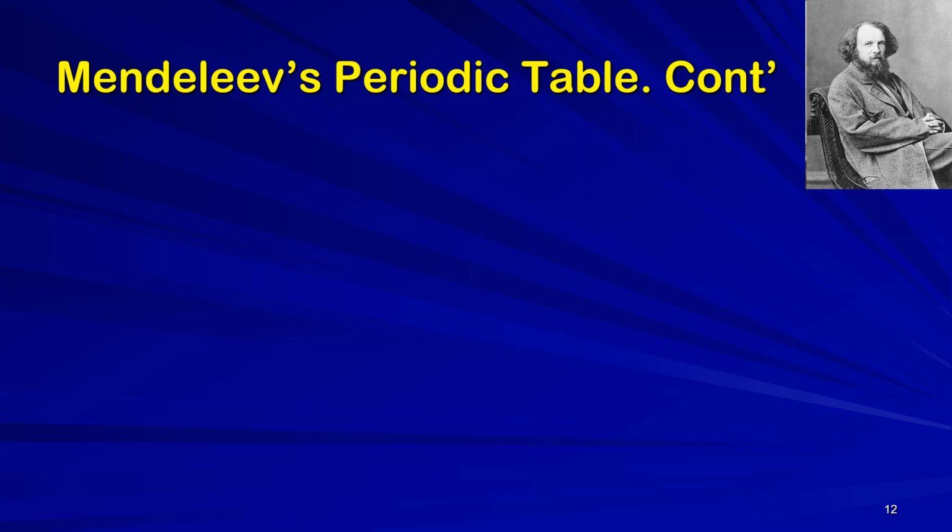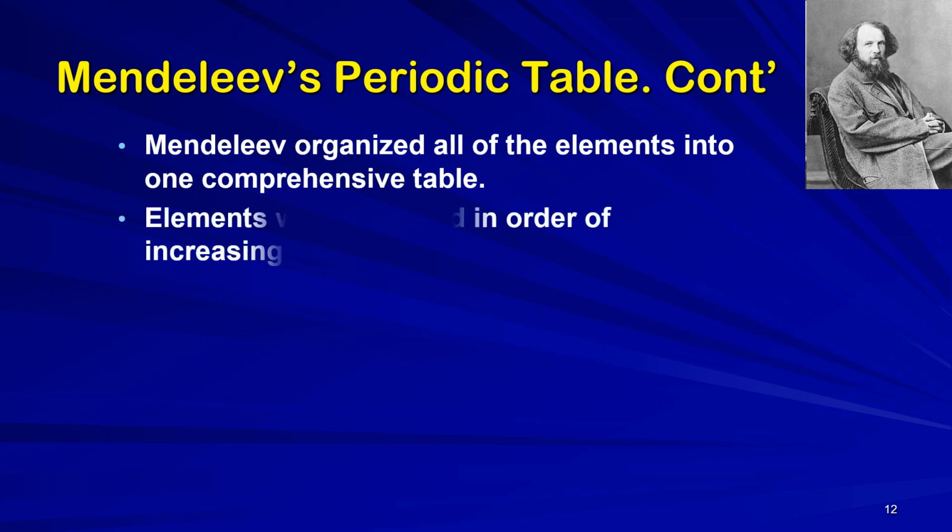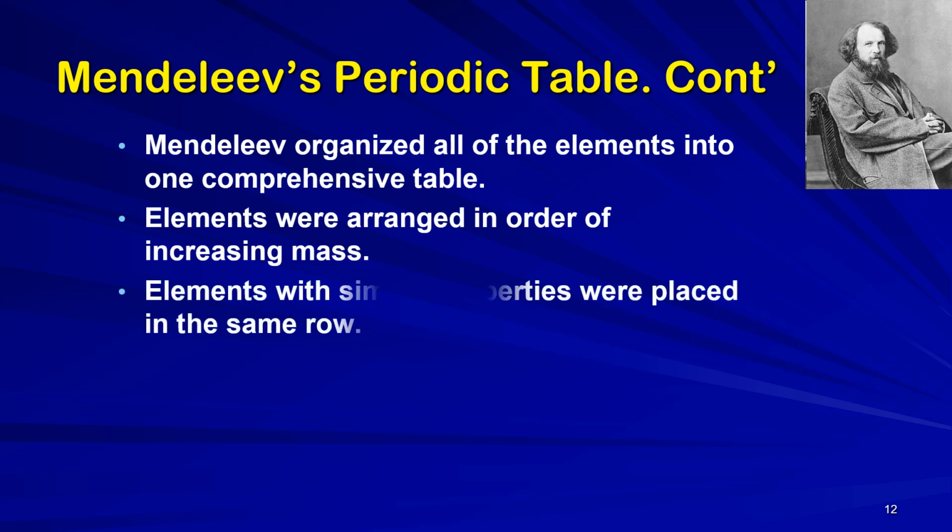Mendeleev's periodic table. Mendeleev organized all the elements which were known by that time into one comprehensive table, and the elements were arranged in order of increasing mass. And here comes the original periodic law.